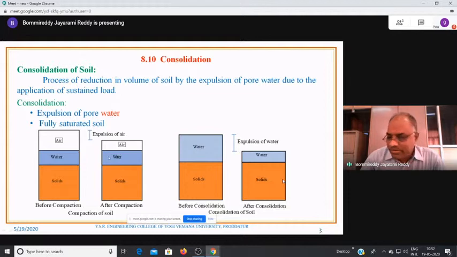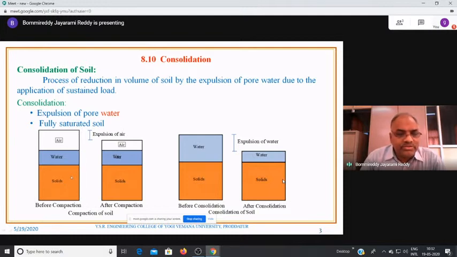You can look at the two diagrams. The left diagram is compaction of soil. Initially the soil consists of three constituents: solids, water and air. This is the process of compaction of the soil.